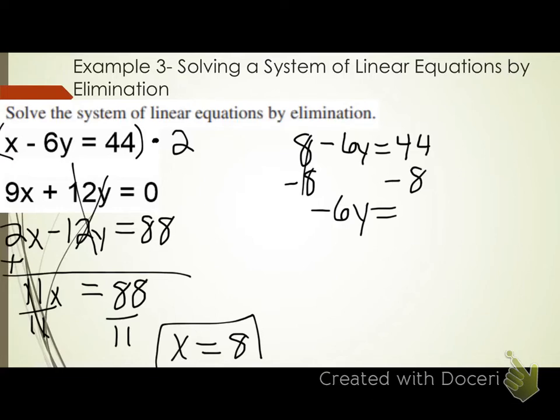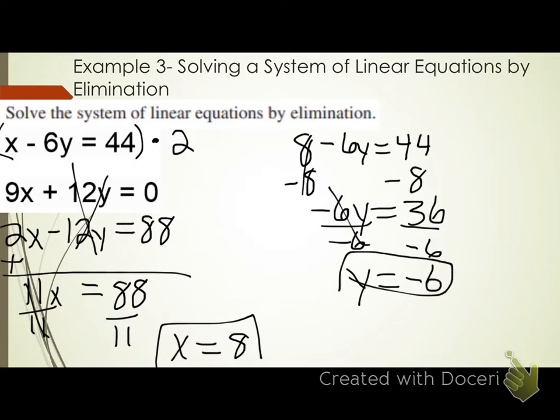Not 56. 36. Very good. And how do I get y by itself? Am I moving too fast for anybody? I feel like I'm blazing through this. How do I get y by itself? Divide by negative 6 on both sides. y equals negative 6. So, Sarah, what's my answer here?